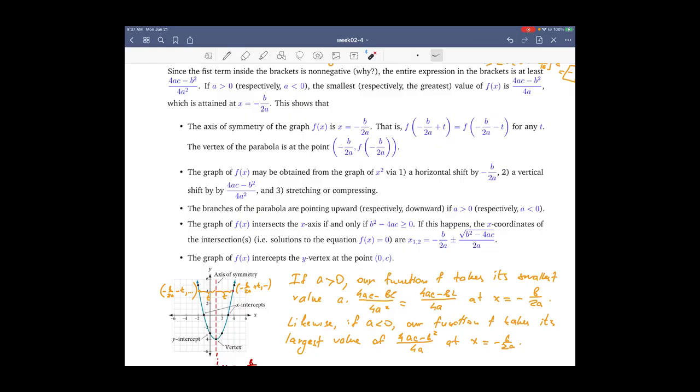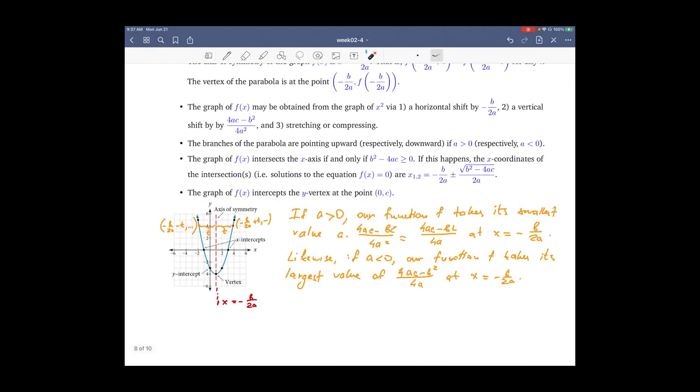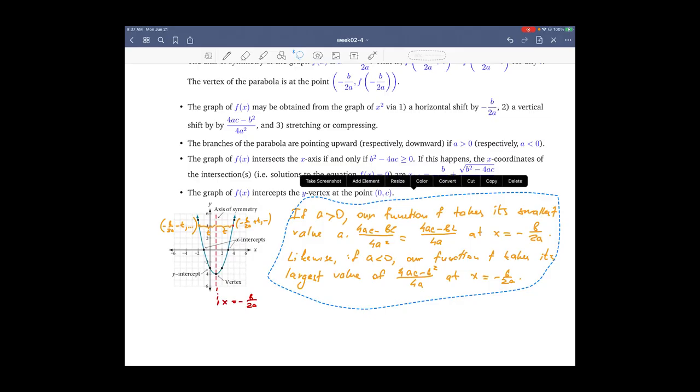Another interesting question for us to consider is when and if the parabola will intersect the x-axis and where the x-intercepts will be. Well, to do this, we can argue the following way.